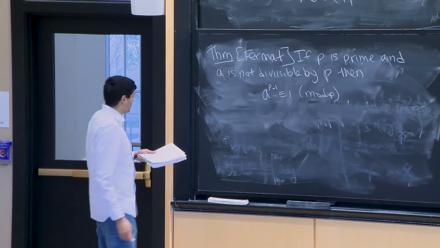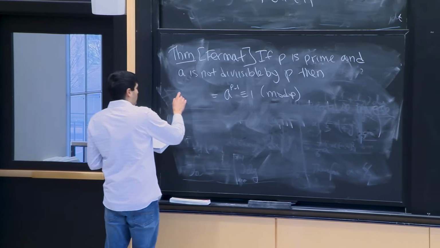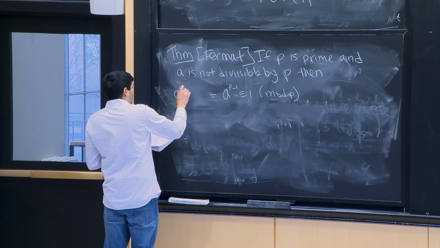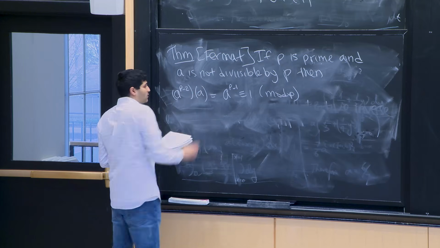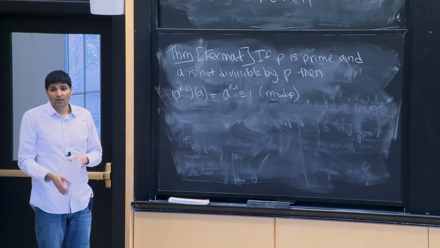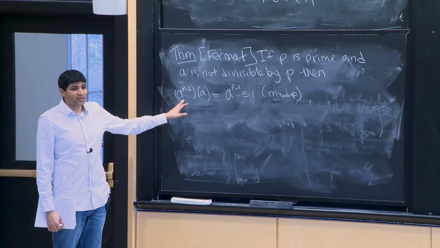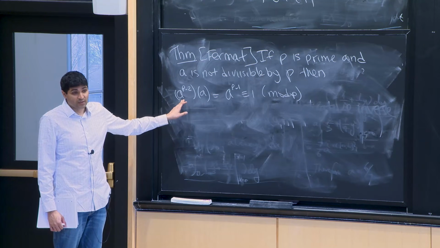In particular, what this means is really that A to the P minus 2 times A is equal to 1. So this gives me an explicit algebraic expression for what the multiplicative inverse is.